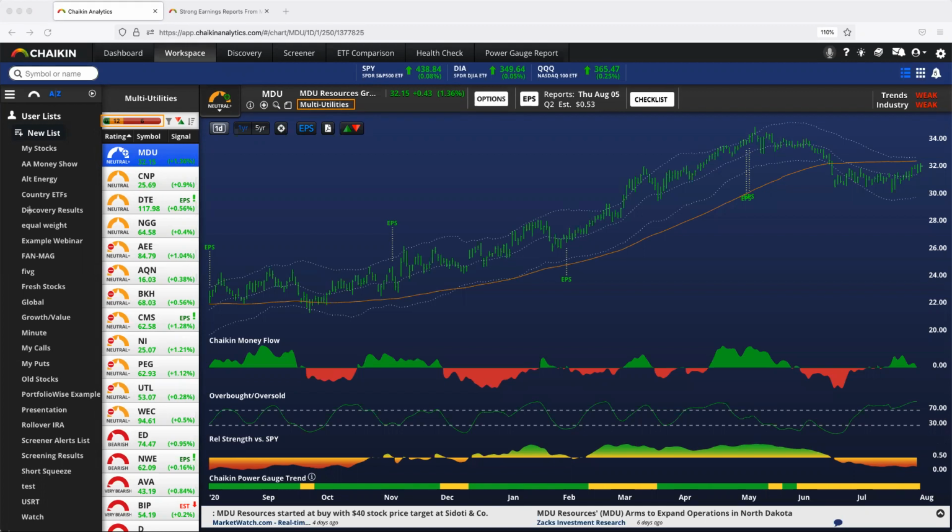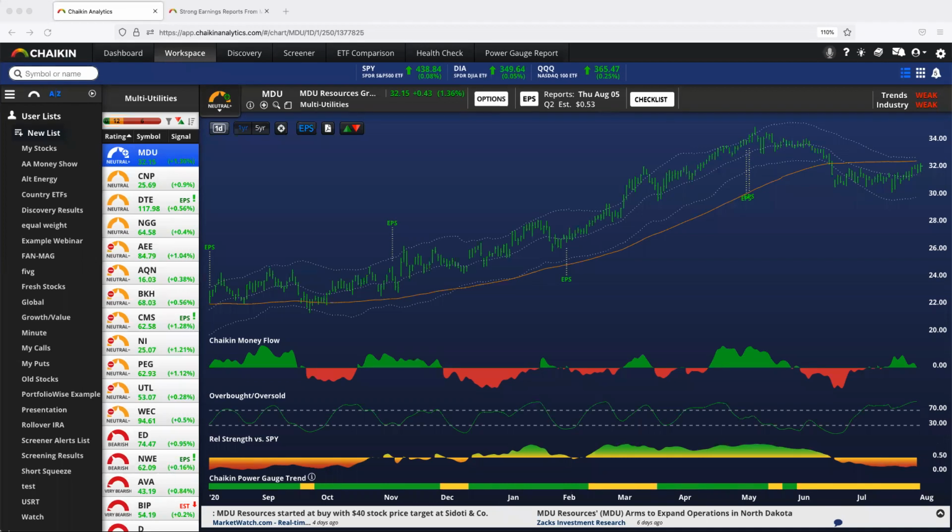We ignore the neutrals. In this case, there are more bears than there are bulls. As a matter of fact, there are 0 bulls in multi-utilities. So when there are more bears, this is a weak industry group, a group as a whole that is more likely to underperform the market in the months ahead.